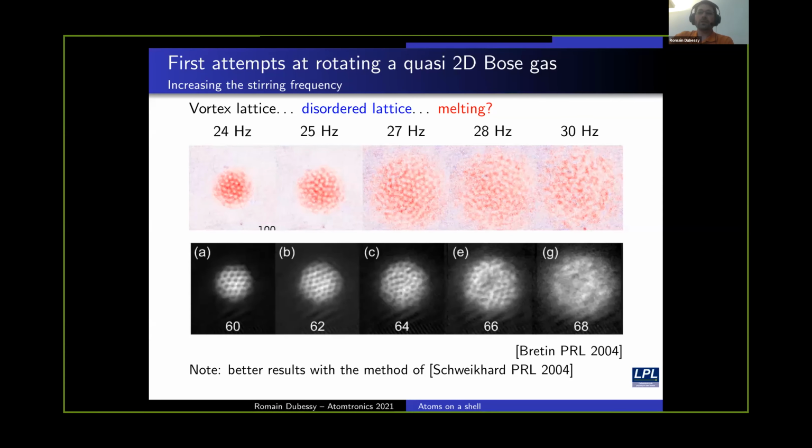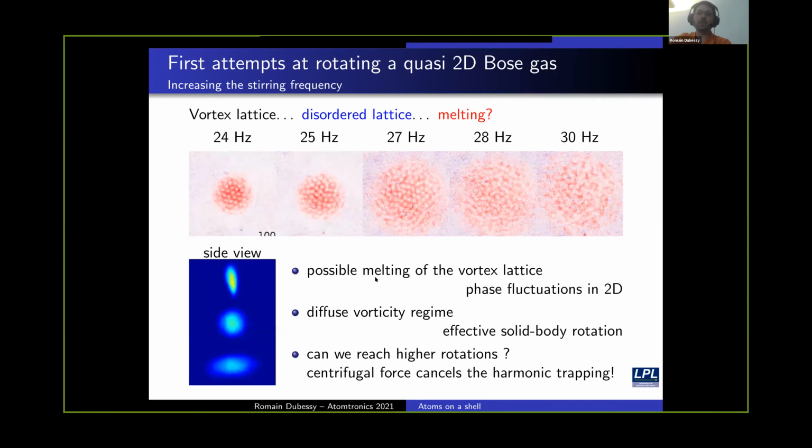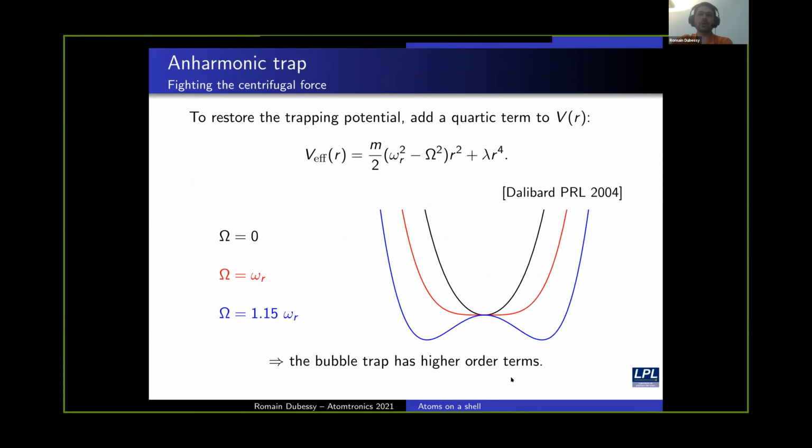So what can we do? What is the new physics that we can achieve here? First, can we reach higher rotations? The main problem in these experiments is that the centrifugal force, as we rotate faster and faster, will compete with the harmonic trapping. And this can be mitigated if you add extra terms to your potential.